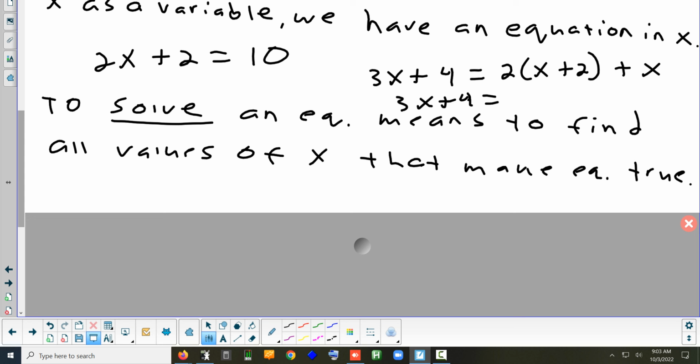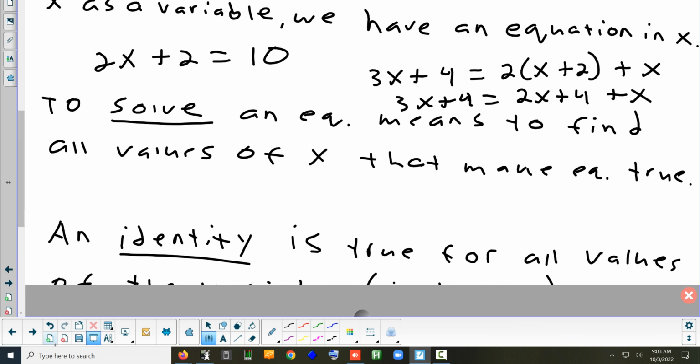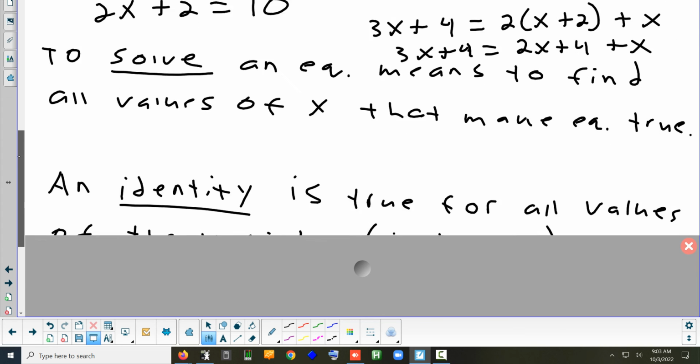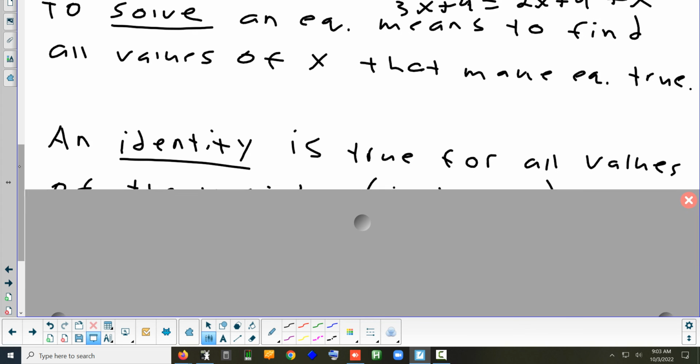You get 2x plus 4 plus x. So it would end up being 3x plus 4 on the right. Well, that's also what you have on the left. If you go to solve an equation and you end up with exactly the same thing on the left and on the right, that is called an identity.